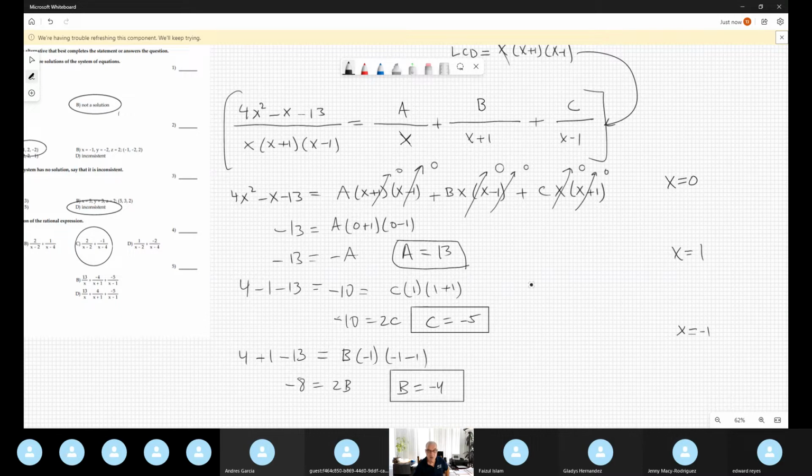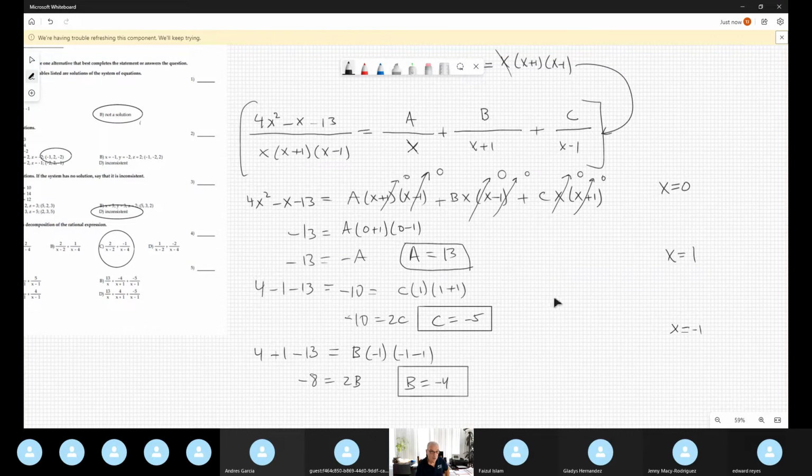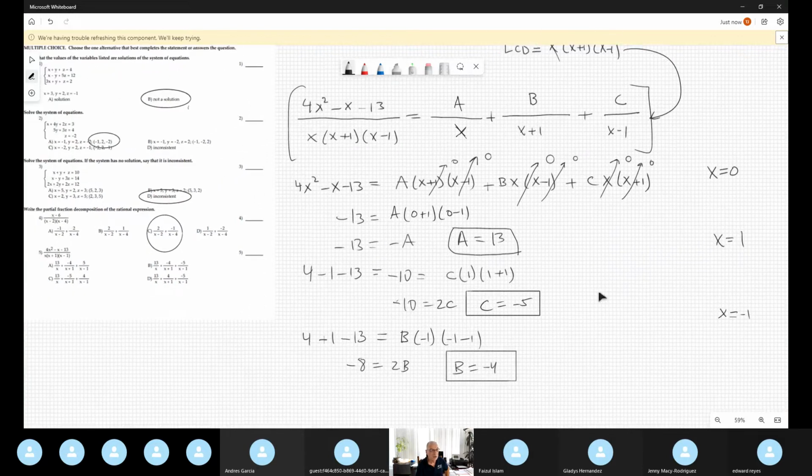Okay, the partial fraction decomposition in this case is the option. Let me try. Option B, I guess so. Look, because A is 13 positive, and B and C are negative, both negative 4 and negative 5. So who is C?